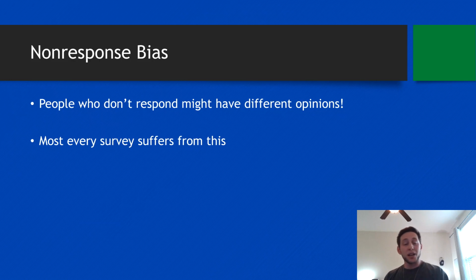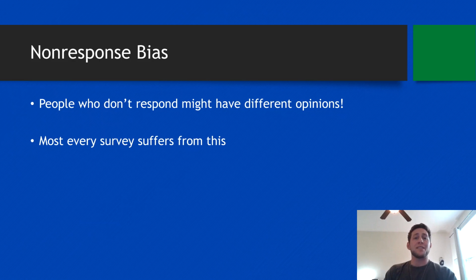But typically, Chick-fil-A fans will be more wanting to participate in that survey. Yeah, I got some Chick-fil-A pride. Boom. Participate in that survey. Maybe the people that didn't participate, well, maybe they don't really like it as much, or at least are apathetic towards Chick-fil-A, which would be information we want to know. So even by just not responding, that's a form of bias.